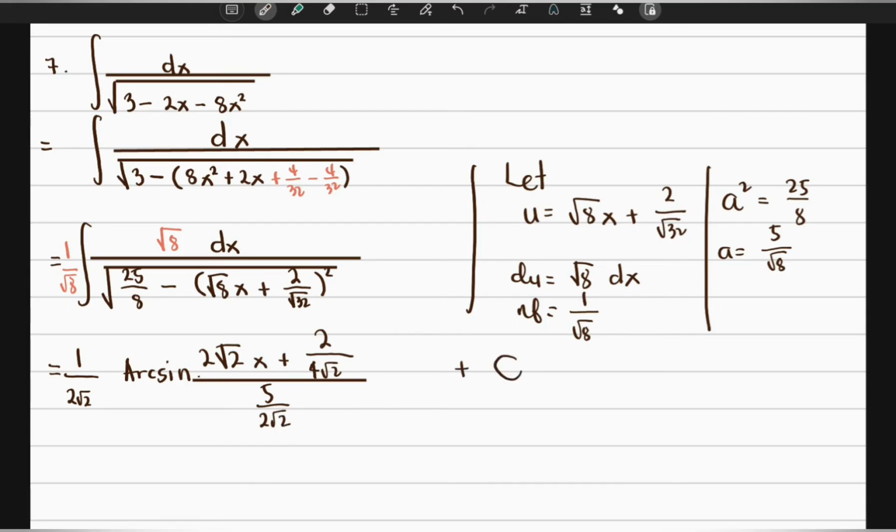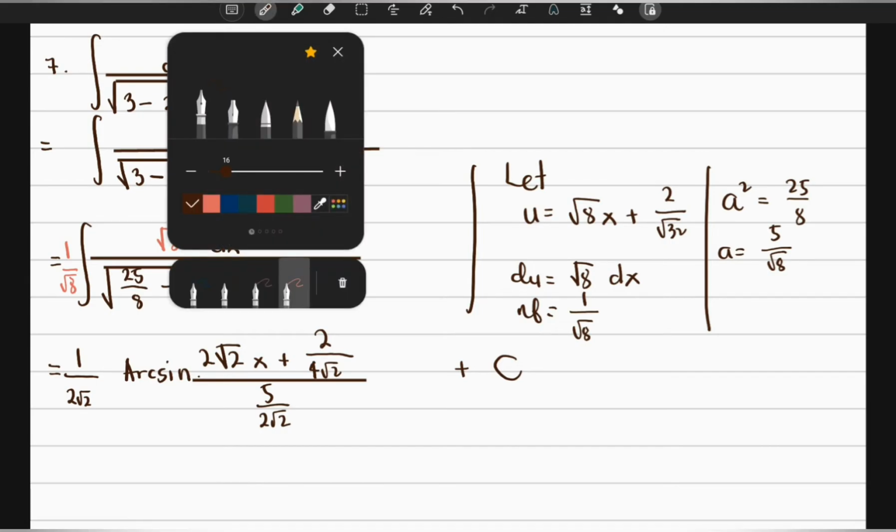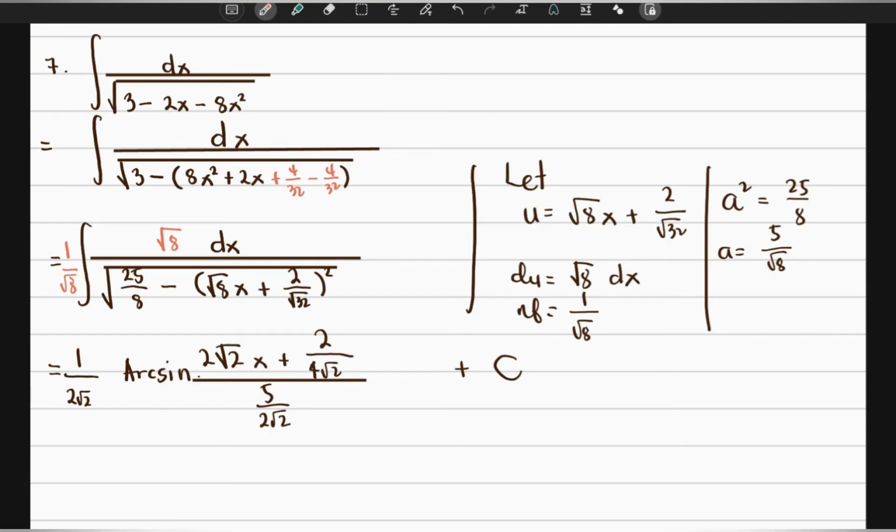So, yung 5 over square root of 8, 5 over 2 square root of 2 yon ha? So, dito, mag-multiply tayo dito sa entire fraction ha, sa entire fraction, ng 4 square root of 2. Kasi meron tayong complex fractions.